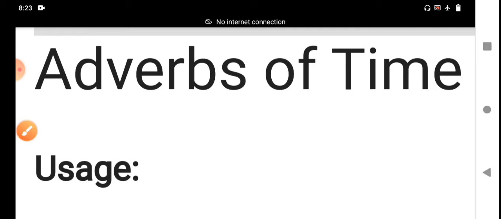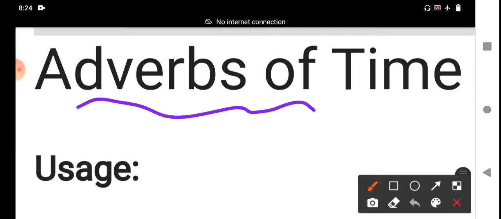These are the words of adverbs of time. The adverb of time denotes at what time a particular action happened or has happened, my dear students.